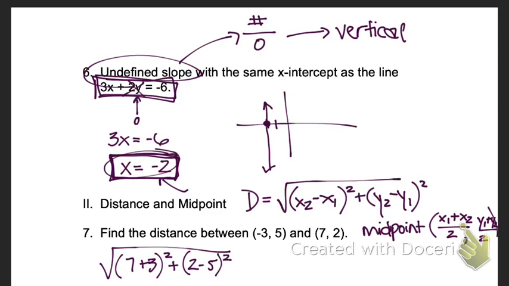Remember, anytime you square anything, what kind of number does it become? Squaring anything, positive or negative, they're all positive, right? So in this case, I would expect you to go through these kinds of steps. 7 plus 3 gives me 10. Squared is 100. 2 minus 5 is negative 3, but when I square it, it becomes 9.